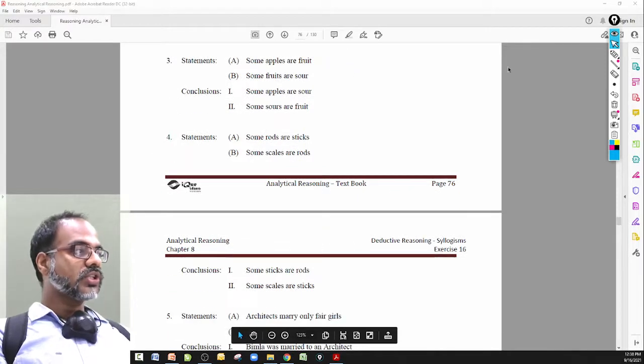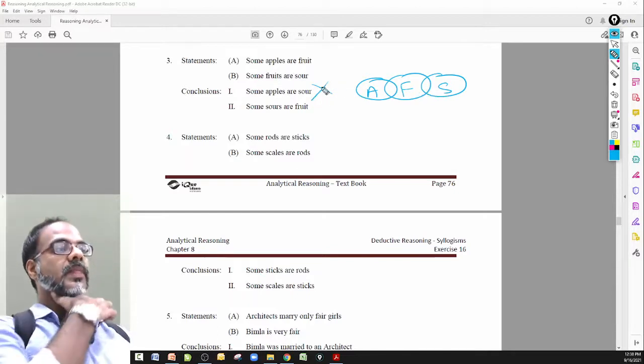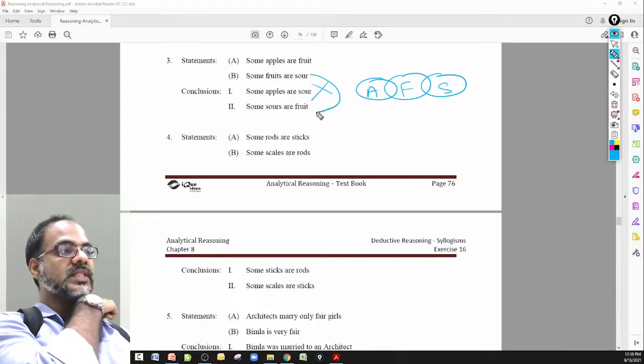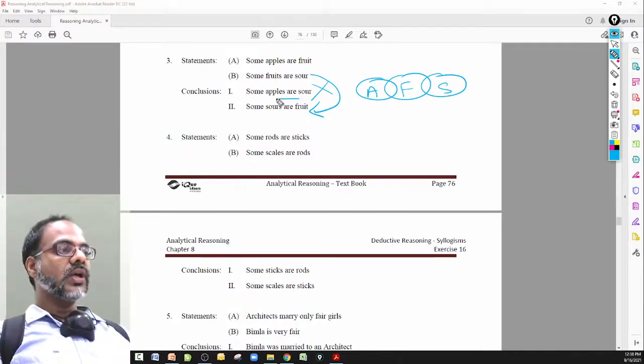So question 3, here we see that some apple are fruit and some fruit are sour. So I don't necessarily say some apple are sour, but if some fruit are sour, then some sour are fruit, right? If it is allowed to derive a conclusion using only one statement, then the second one is true.